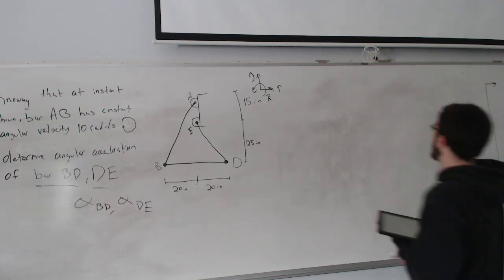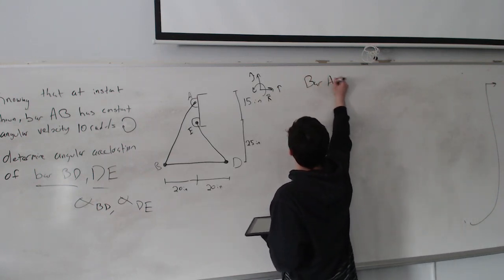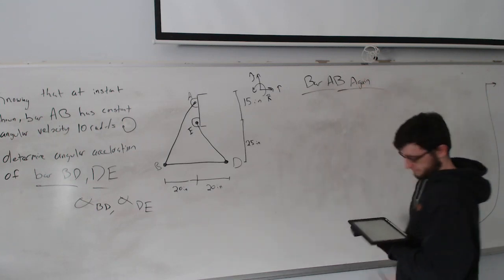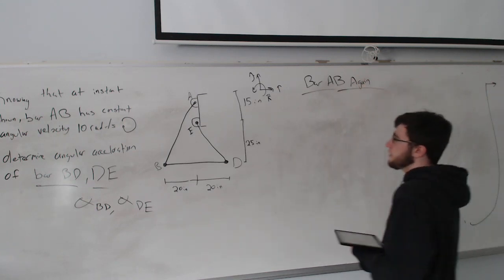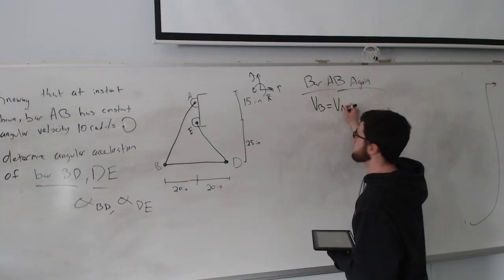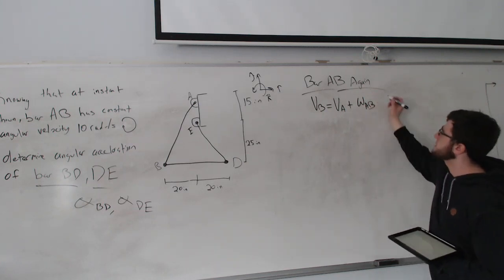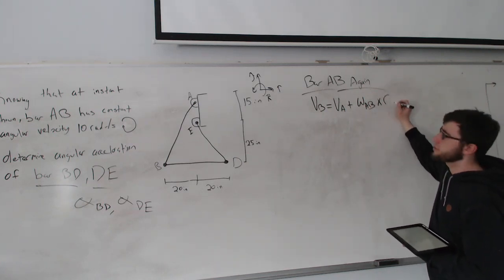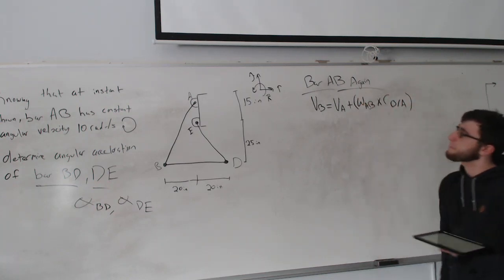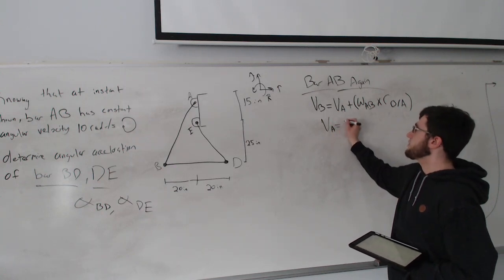All right, looking at bar AB again. Velocity of B is equal to velocity of A plus the angular velocity of bar AB crossed with the position vector B with respect to A. So velocity of A equals 0.